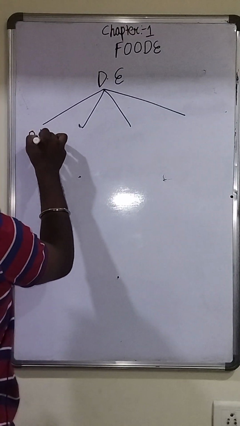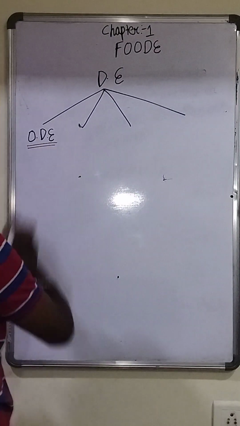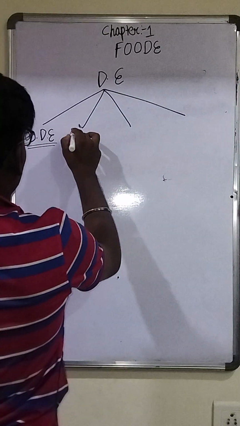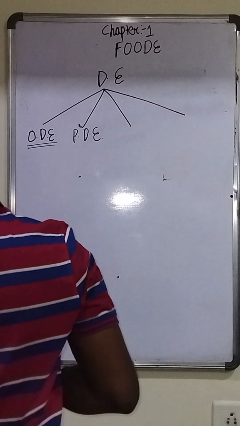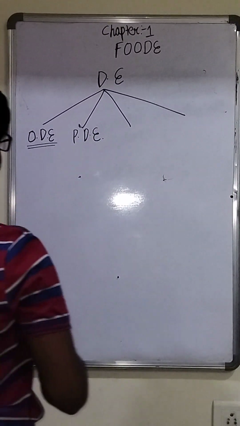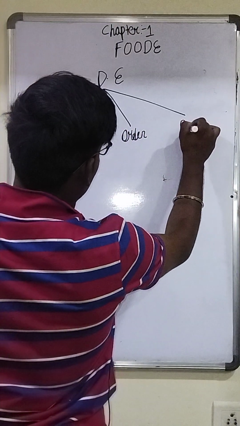First is ODE, ordinary differential equation. I am writing in short. Next is PDE, partial differential equation. Next is the order, then the degree.